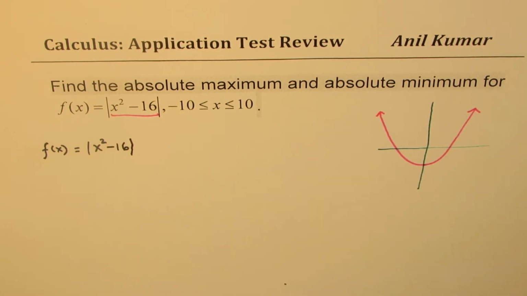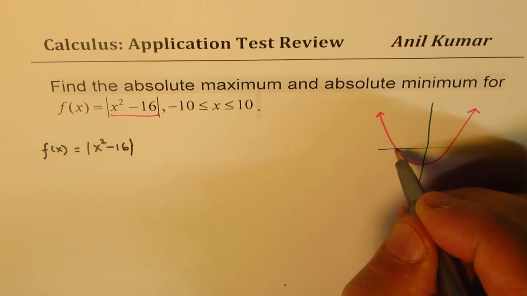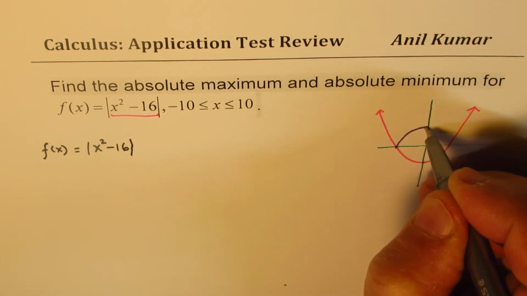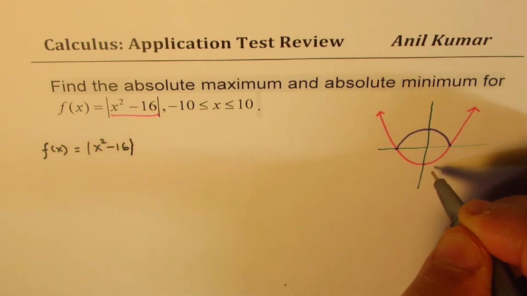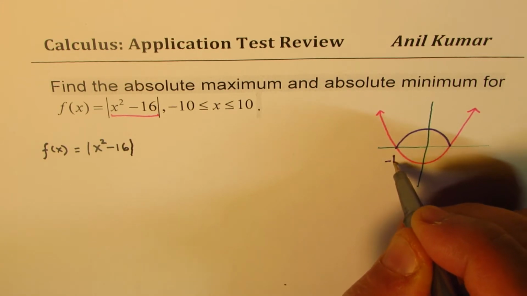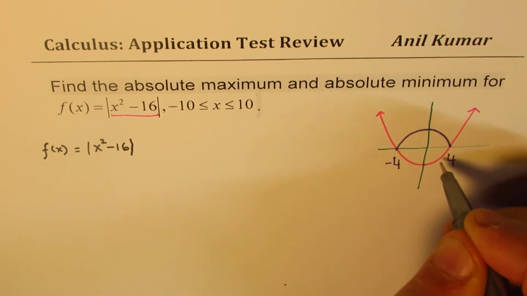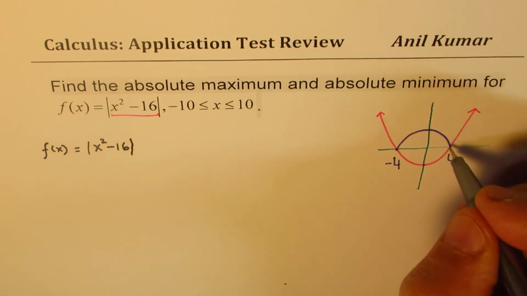So that is the inside function. Now when you take the absolute value, everything becomes positive, so the negative part flips over the x-axis and what you get is something like this. So our graph, in this portion from minus 4 to plus 4, is the negative of x squared minus 16, and the rest is the same.